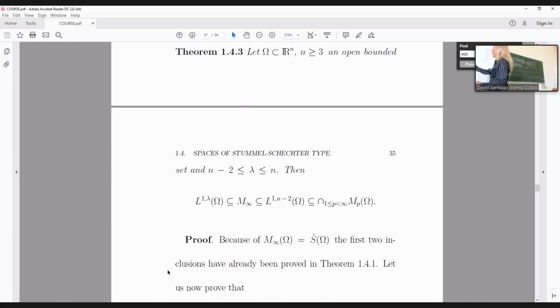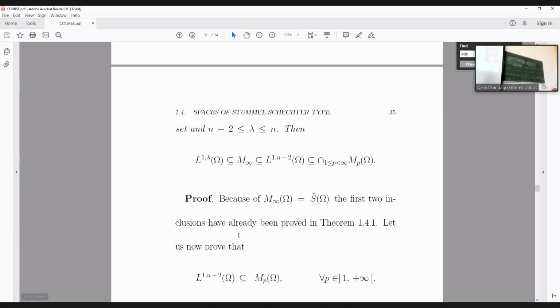Some of this is simple. We have that M infinity is S tilde, so we have proved this first relation here. What we have to prove is that L^{1,lambda} is contained in M_p for every p.